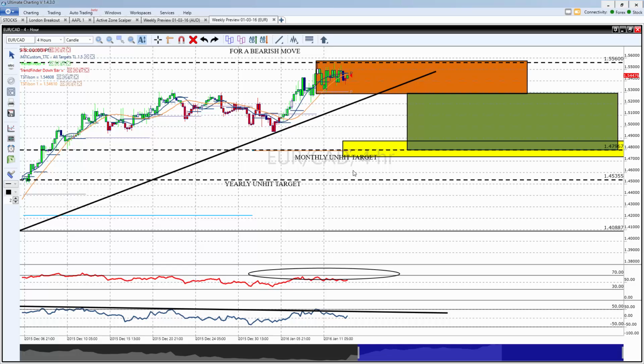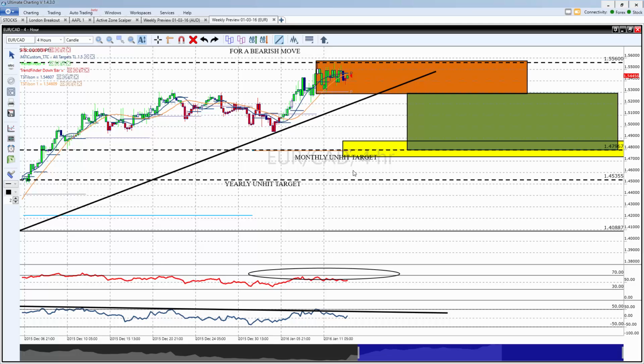Even if we penetrate here, it may turn around in this area, or it has to consolidate again to penetrate through this. And this one looks a lot stronger too, because see the areas it's been touching.